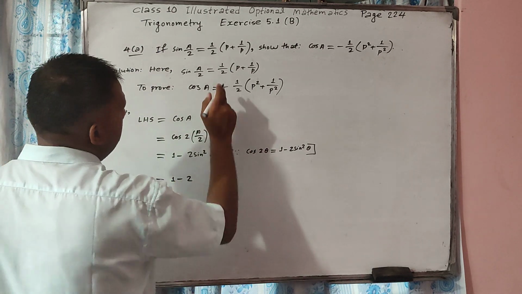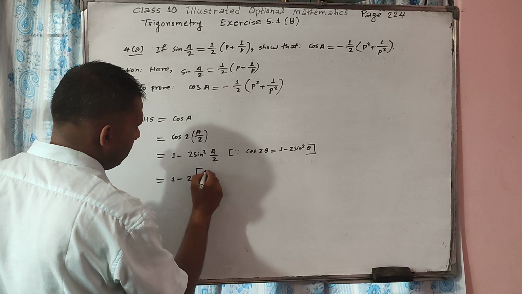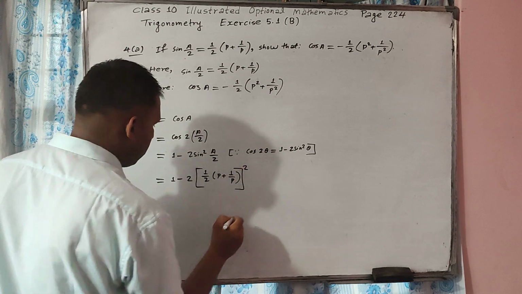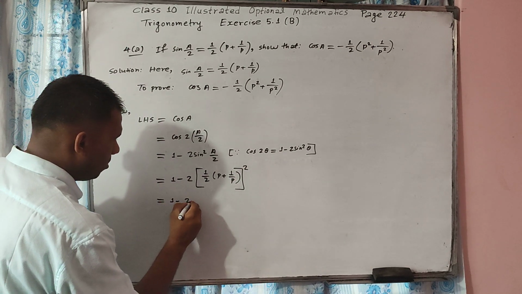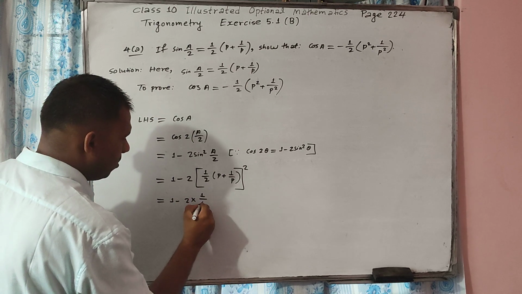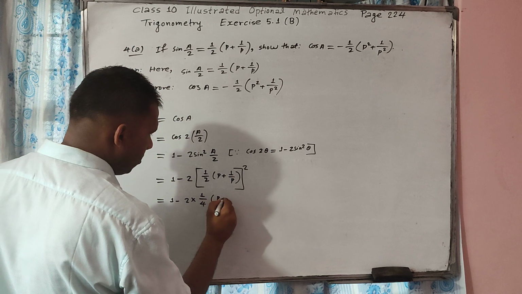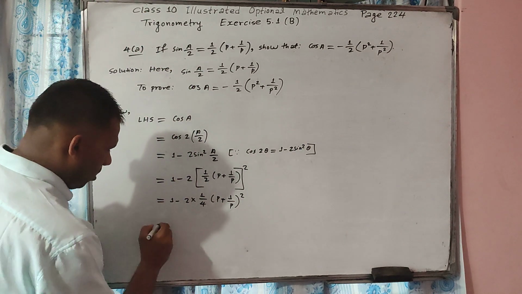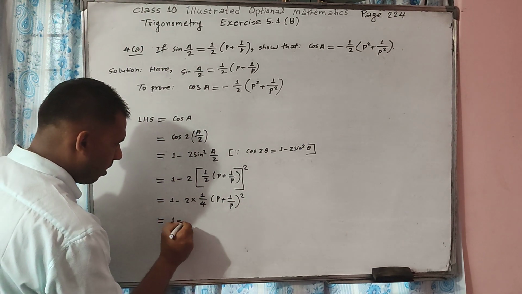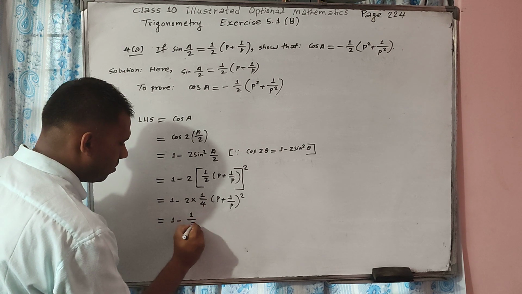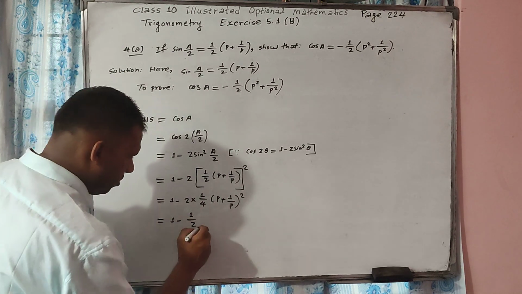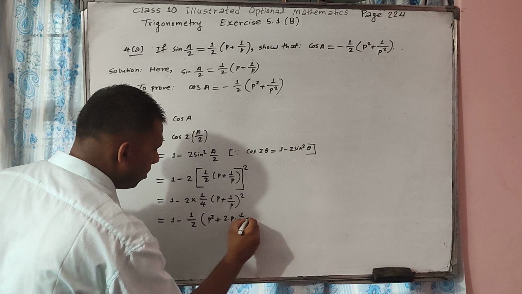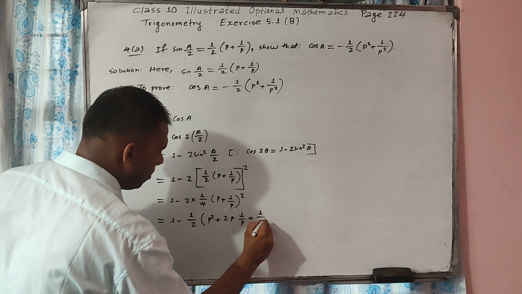We have the value of sine a by 2, that is 1 by 2 times p plus 1 by p, whole square, equals 1 minus 2 into 1 by 2 square, which is 1 by 4, and p plus 1 by p whole square, equals 1 minus 2 by 4, that is 1 by 2, p plus 1 by p whole square, that is p square plus 2 dot p dot 1 by p plus 1 by p square.